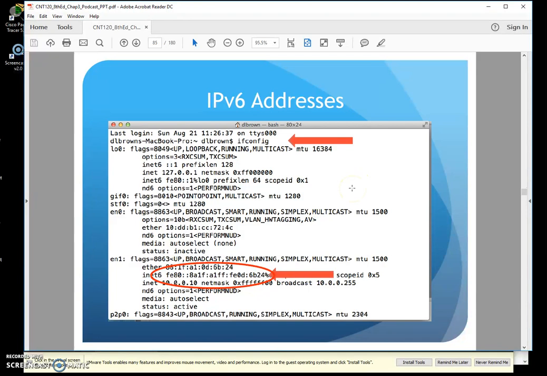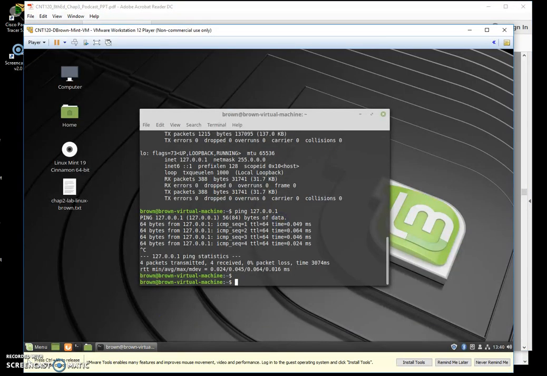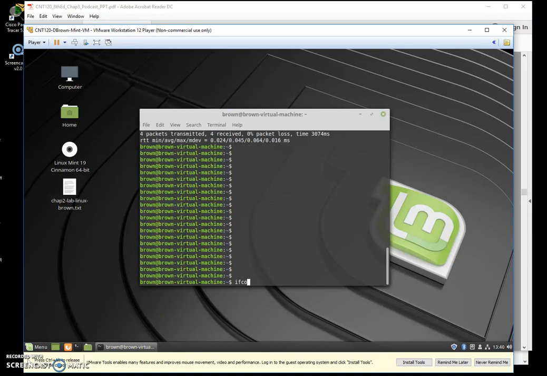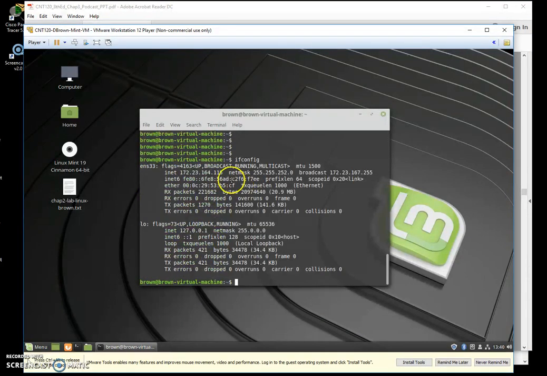If I look at my IP address on my machine, on a Linux or Apple machine, I can do an ifconfig and look at the IP address. So if I take my Linux machine here and do an ifconfig, I can see the IPv6 address. Here he is right here. Okay, there's my IPv6 address on this machine. Here would be the IPv4. Here's my Mac, and now here's my IPv6 address, FE80 and so on.